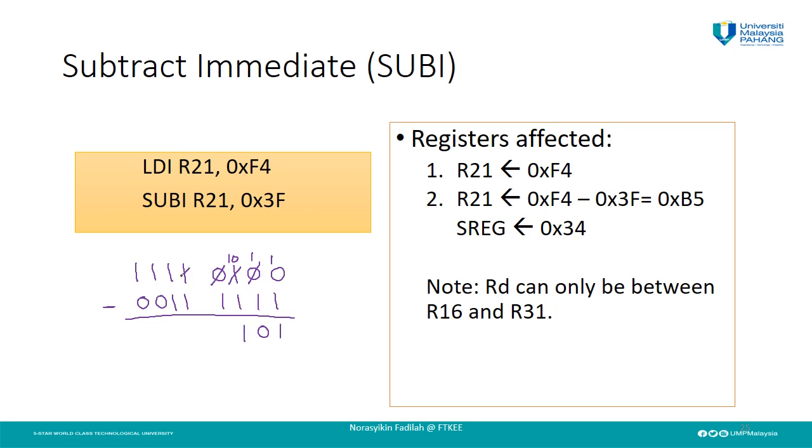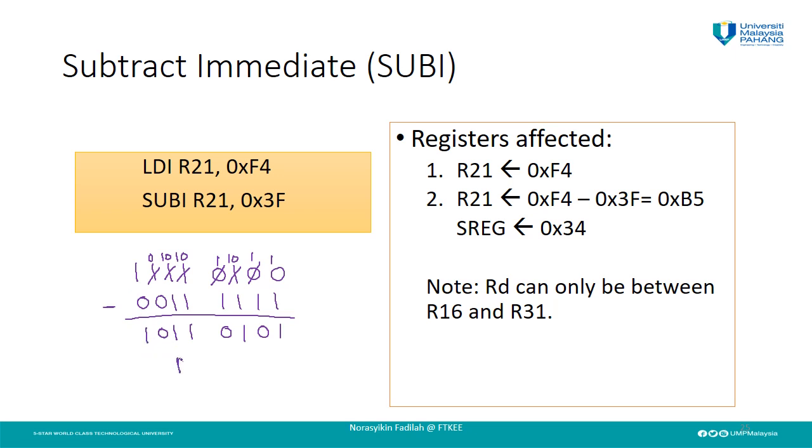And then we need to borrow from bit 4 here. This becomes 0. This becomes 1. So this is 0. And then we borrow again. 10 minus 1 is 1. We borrow. 1 minus 0 is 1.